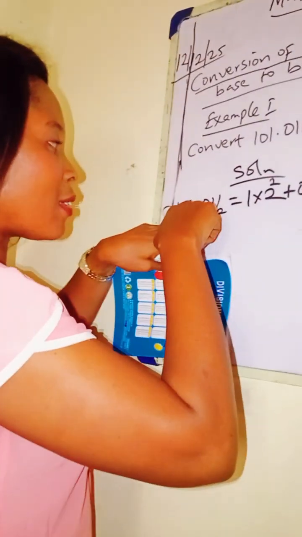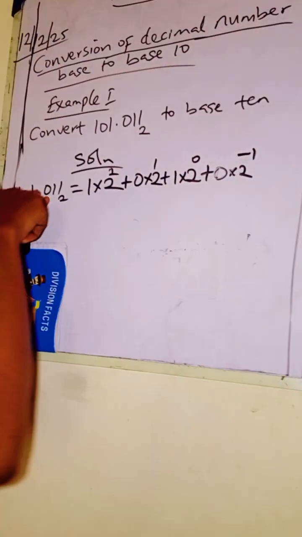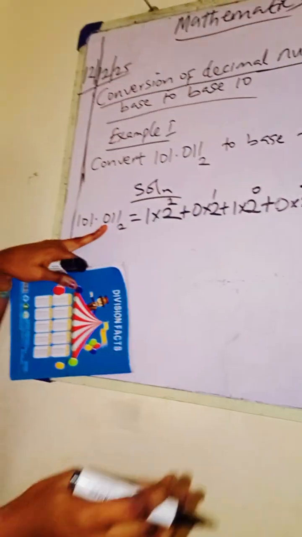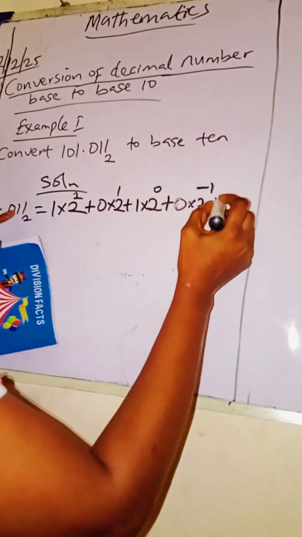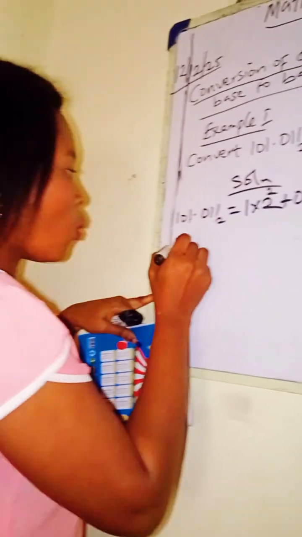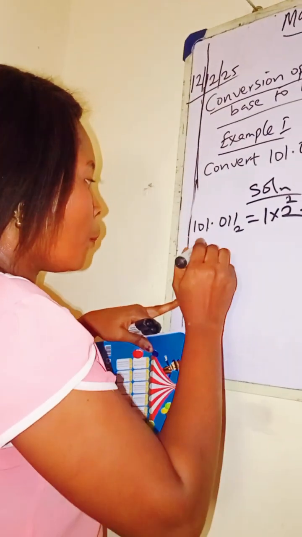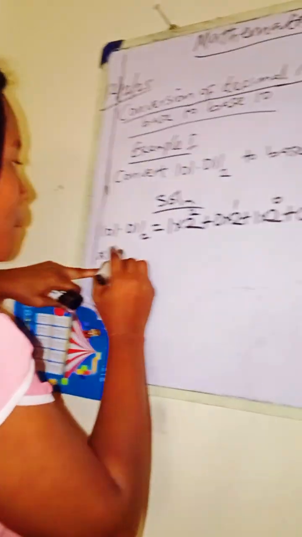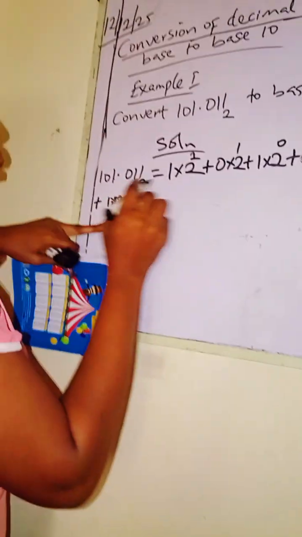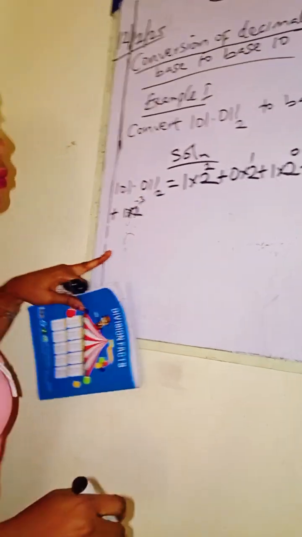We are starting with minus 1, because we have 3 numbers here, 1, 2, 3. So it's going to be minus 1, minus 2, minus 3, minus 4, depending on the number of digits you have in that question. So we have this, plus 1 times 2 raised to power minus 2, plus 1 times 2 raised to power minus 3.